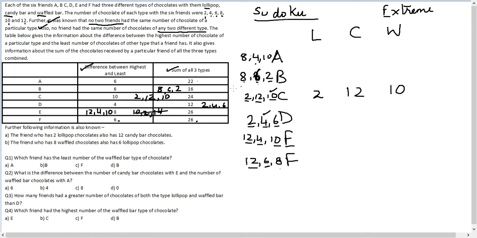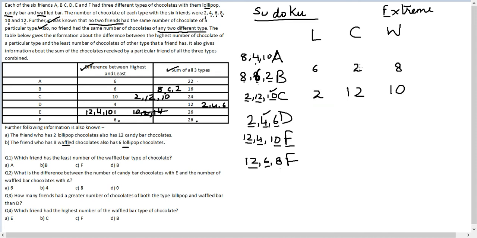But if I had 8 waffled here and 6 lollipops here, then 12 would be candied chocolates, and this is impossible because I already have 12 candied chocolates with C. So this is an unacceptable case. So effectively 8 and 6 would not get distributed here. It would get distributed here, 8 here, 6 here and 2 here.